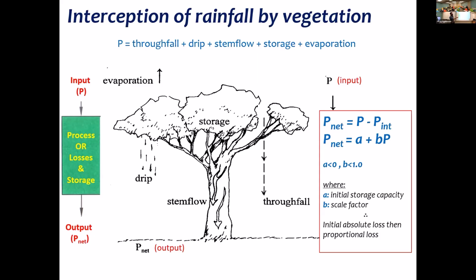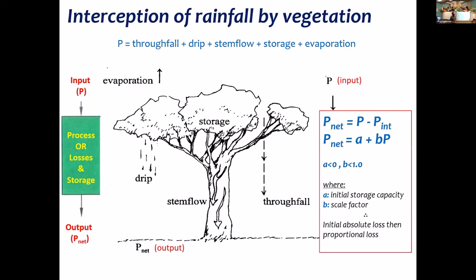Or we can convert that into another algorithm. So this is, again, empirical, which means it's calibrated based on observational data. But it's useful because these parameters A and B, even though we would construct them through regression, are very useful because A represents initial storage and B the proportional storage.